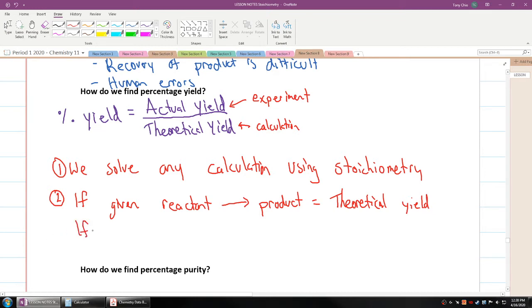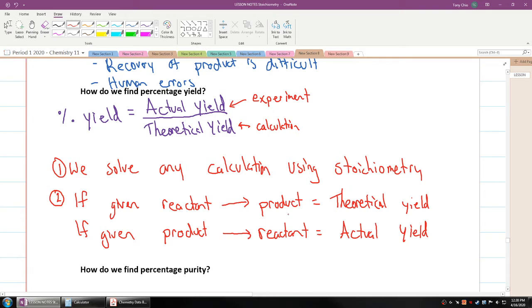And if given the product and you convert it using stoichiometry to the reactant, you just solved for your actual yield. And we're going to practice this when we get to examples, questions of it.